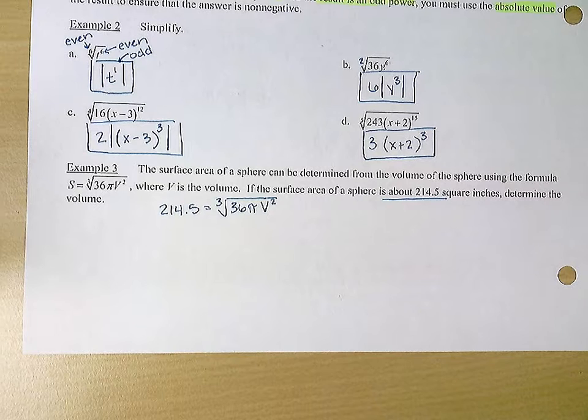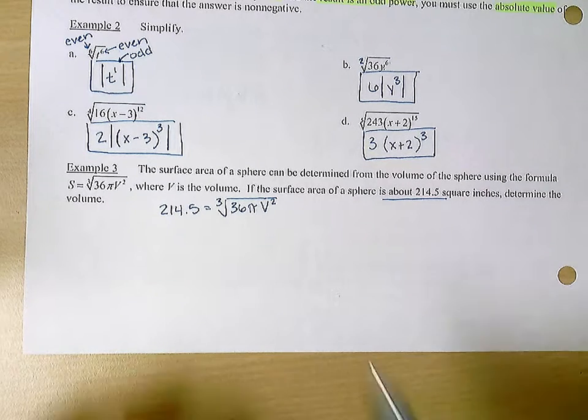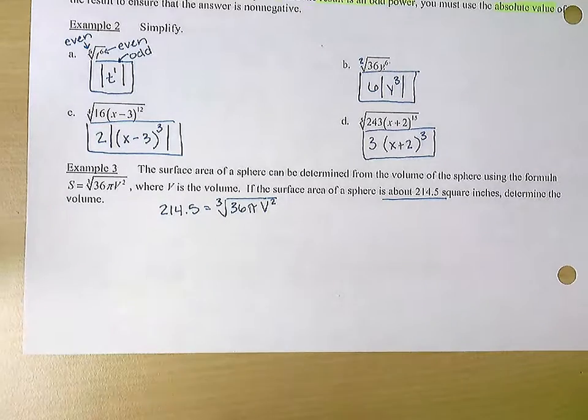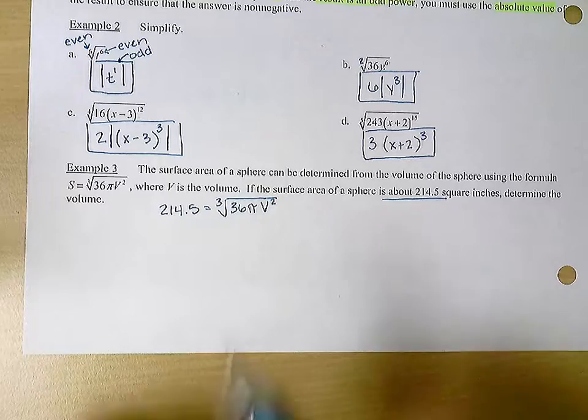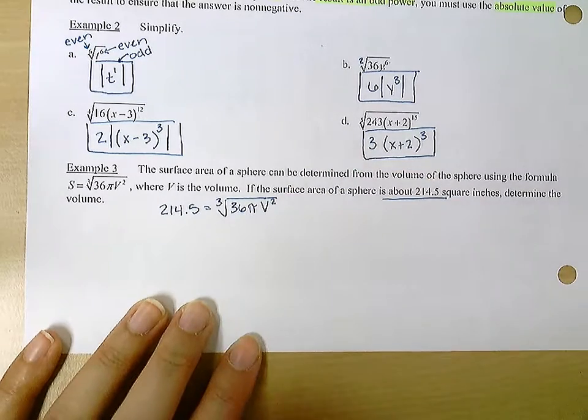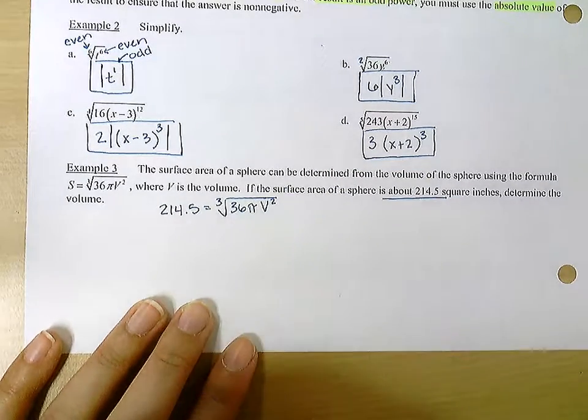Now all I want to do is solve for v because that's the variable in my equation. Do you know how to get rid of a cube root? What should I do to both sides? If it was a square root, what would you do to both sides? You want to raise it to a power. Okay?